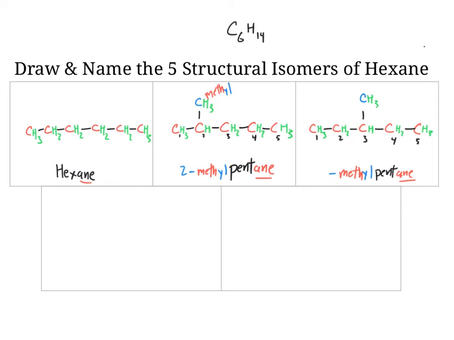And if I do this, this is actually 100% incorrect, because it's no longer going to be a 4-methyl pentane. It's going to be a 2-methyl pentane, because we always count closest to the branch. So this doesn't work at all.